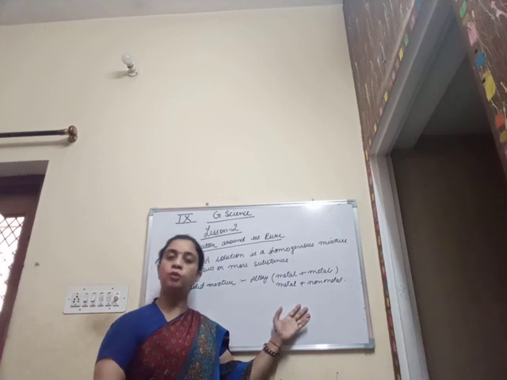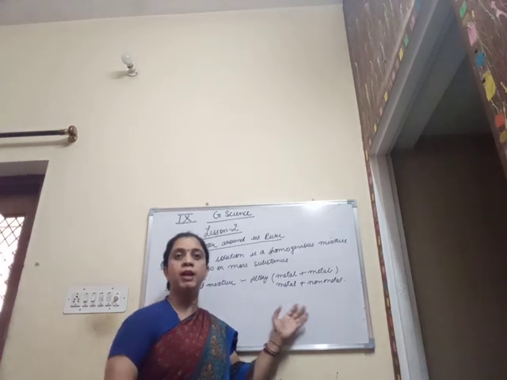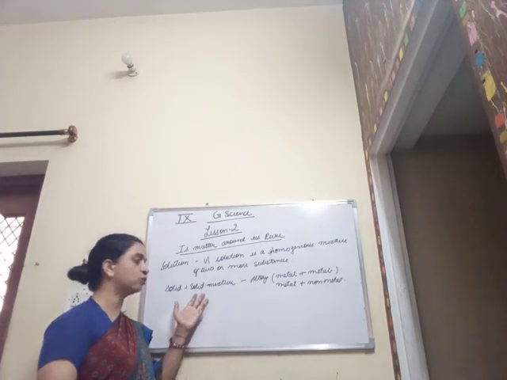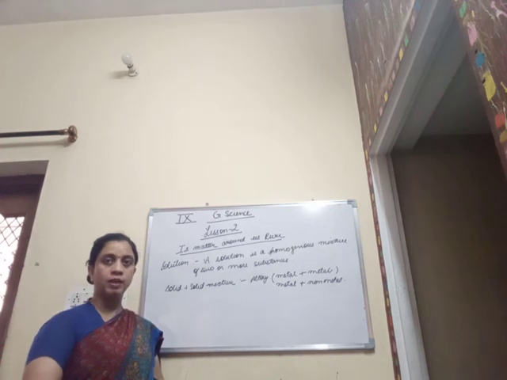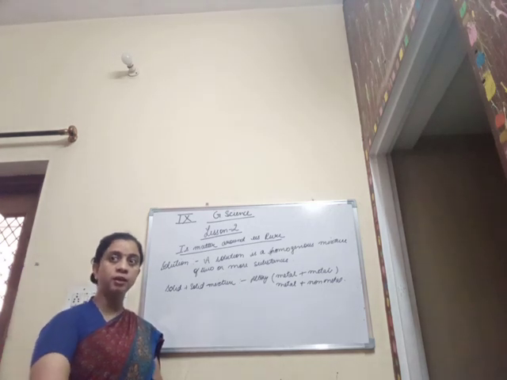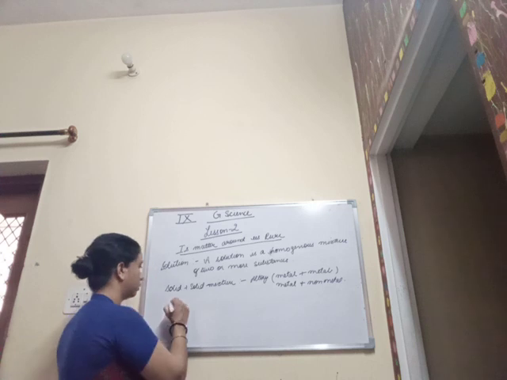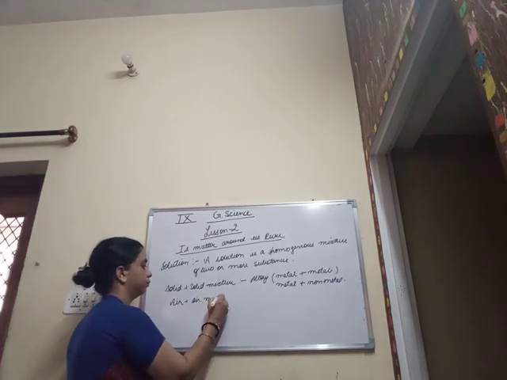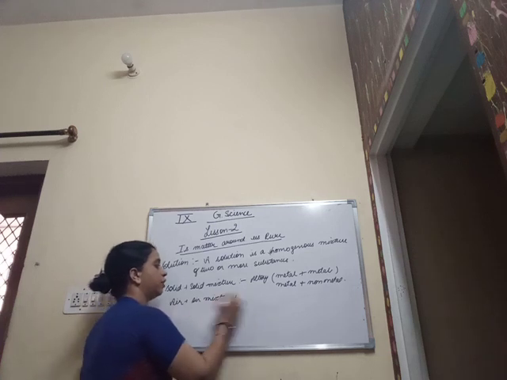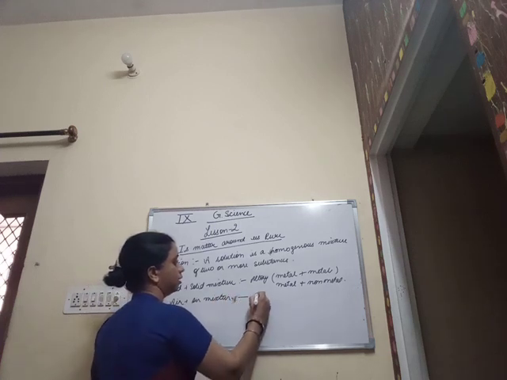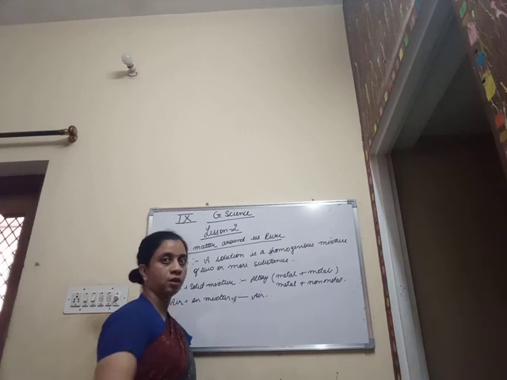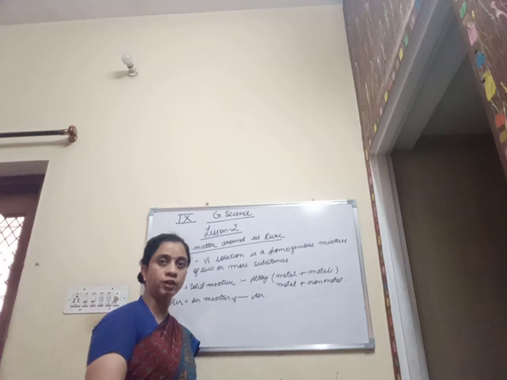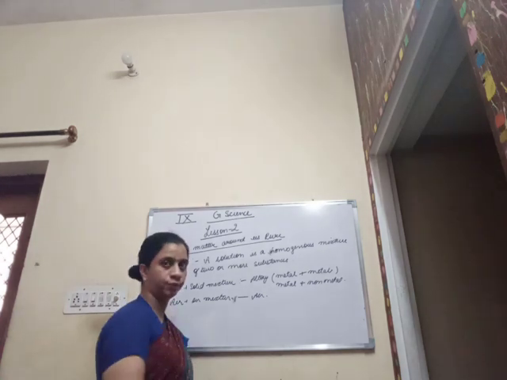Such mixtures are said to be alloys, and they are kept in the group of solid plus solid mixtures. Then it can be an air and air mixture. Air plus air mixture means again air, as it has different types of gases present in it.